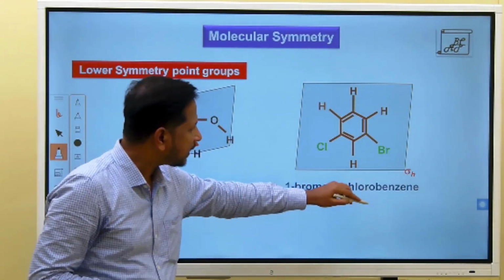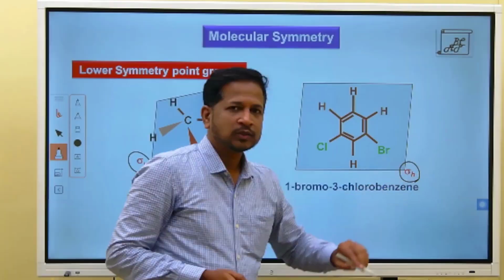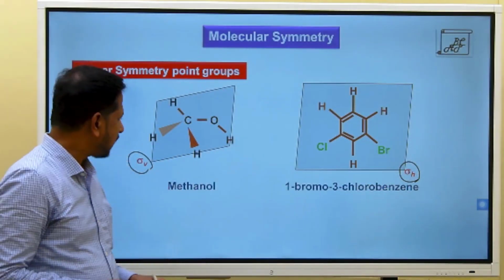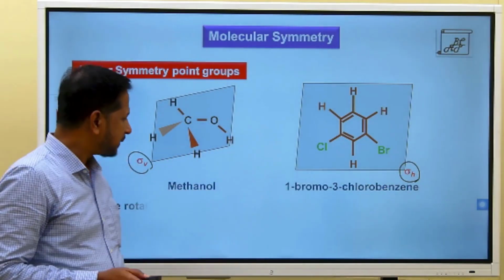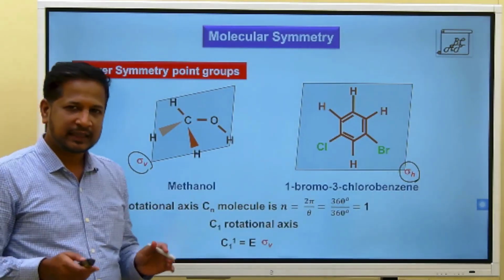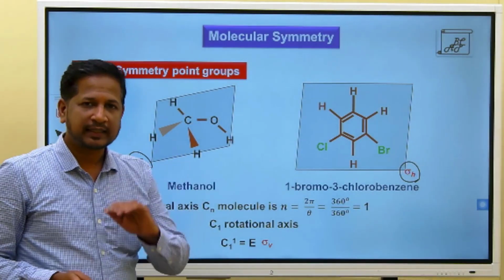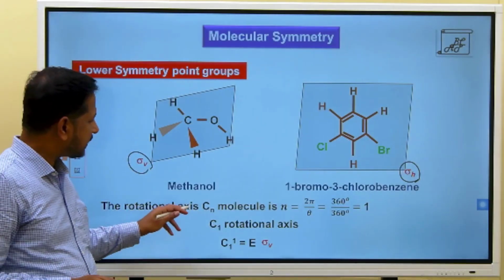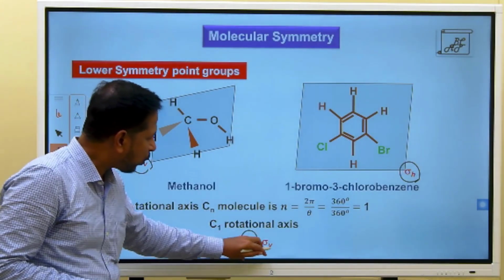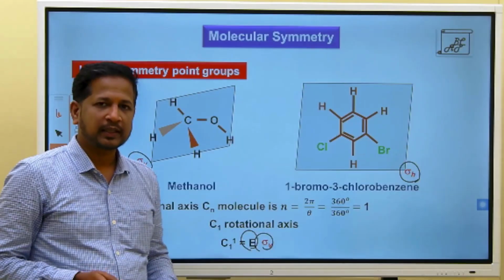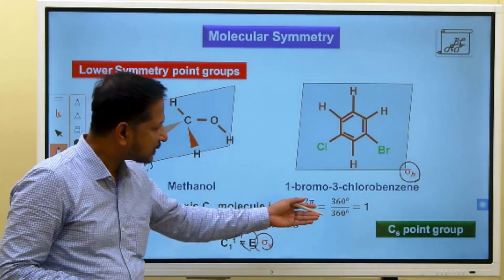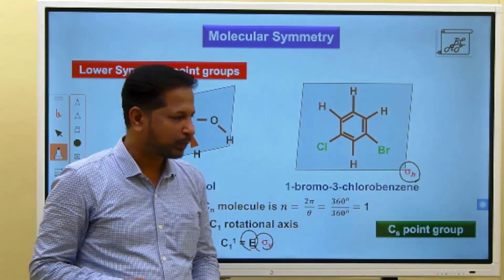Such a plane is called a horizontal plane. In these molecules, apart from these planes, there are no symmetry elements present apart from the identity element. So here they contain the identity element and the vertical plane or horizontal plane. Such types of molecules are classified into the CS point group.